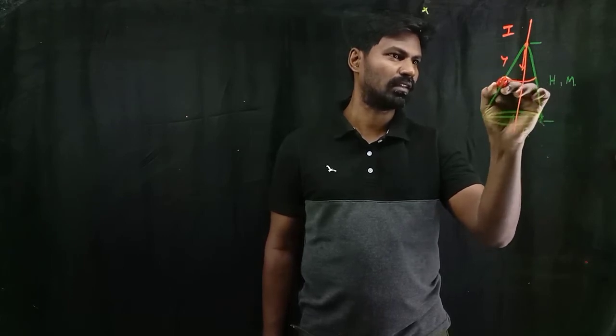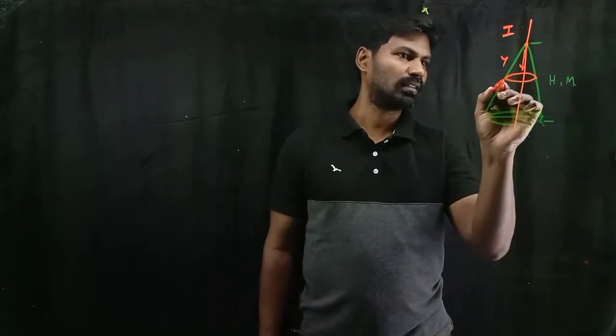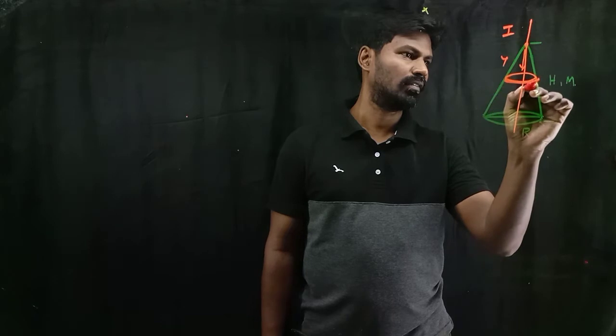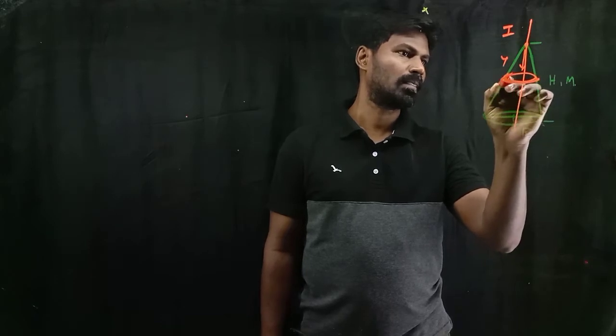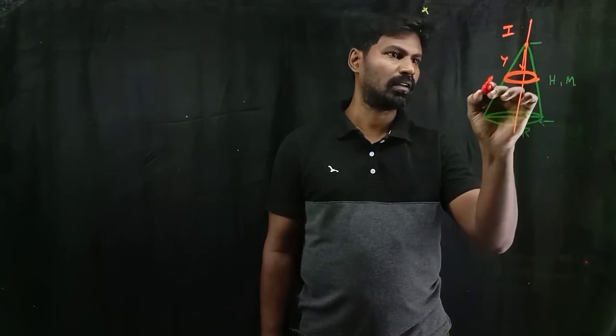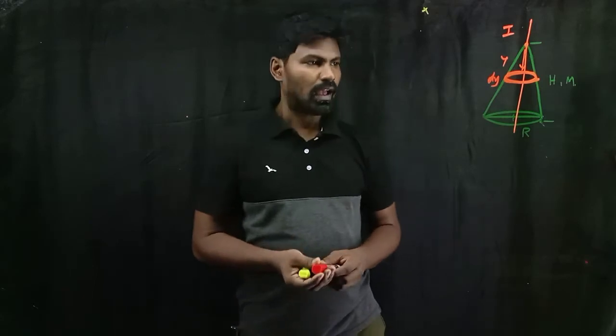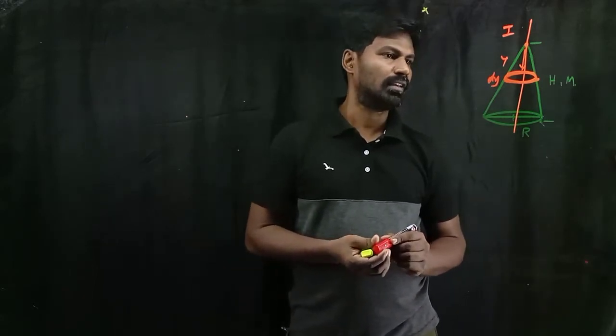This element will look like a circle only, and its thickness I am calling dy, and its mass I am treating as dm.